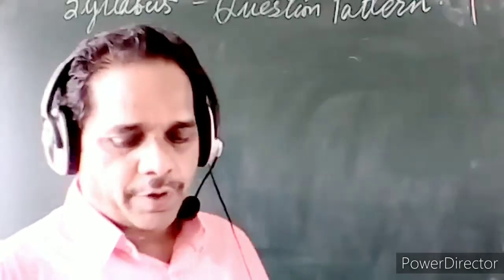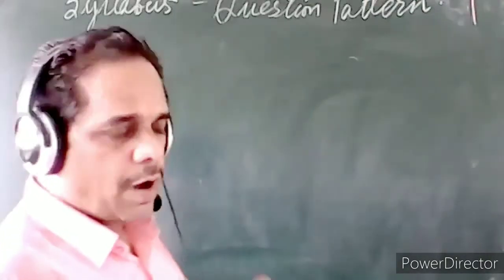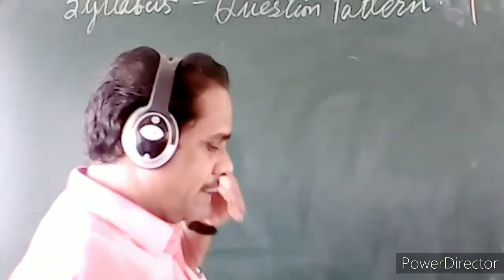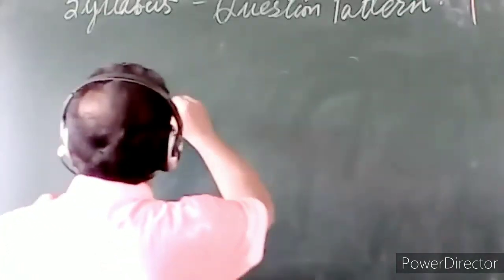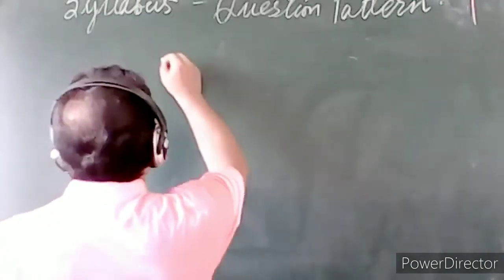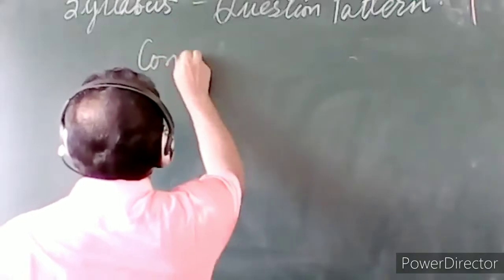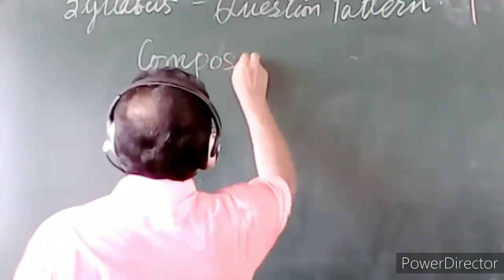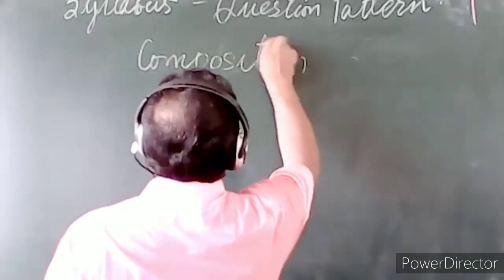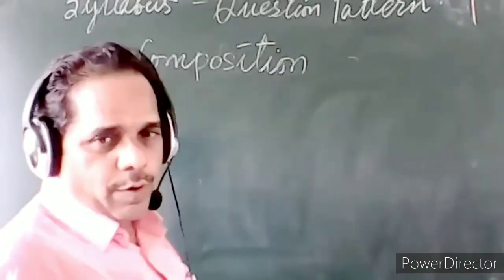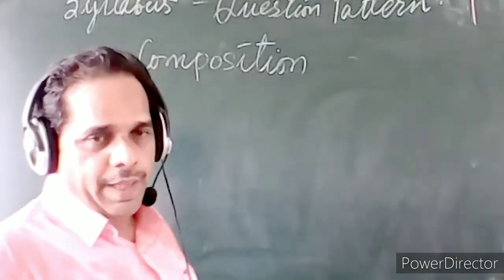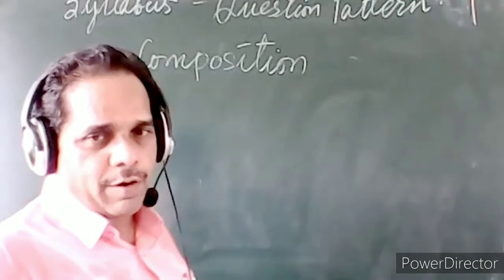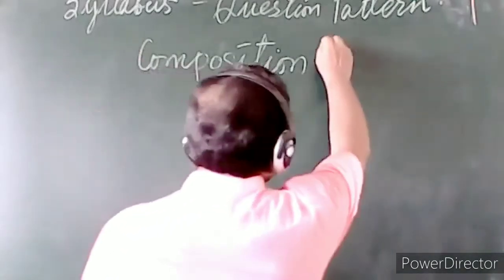So if we take the first question, composition, that you are familiar with. Composition is also called essay. If you say write an essay or write a composition, both are the same.